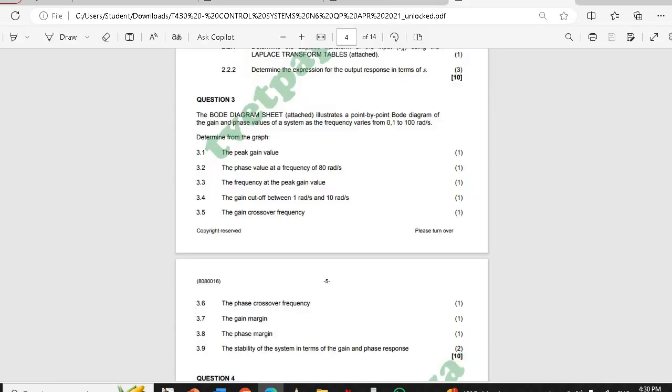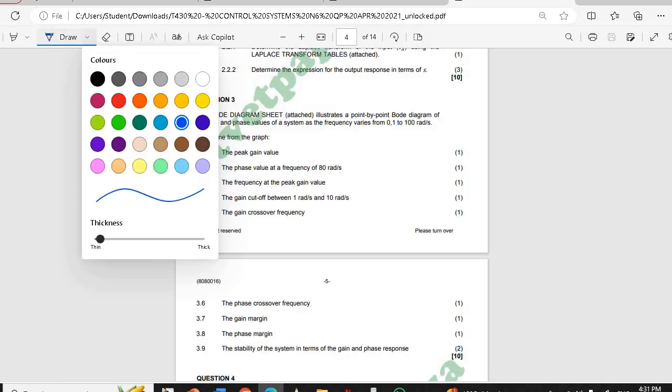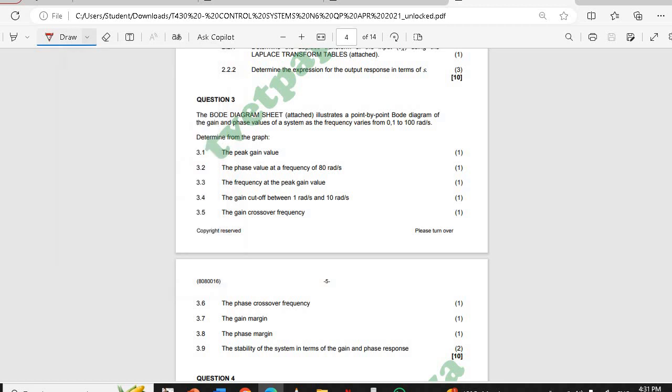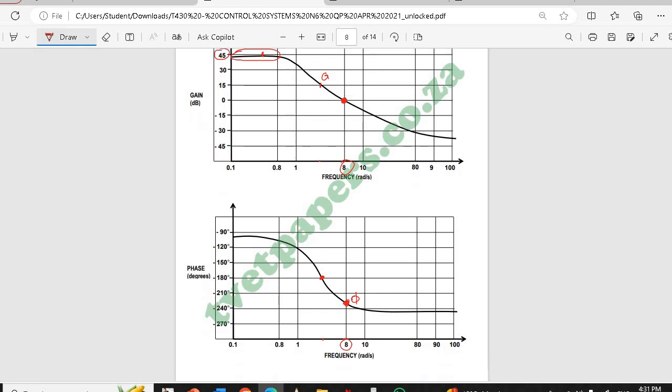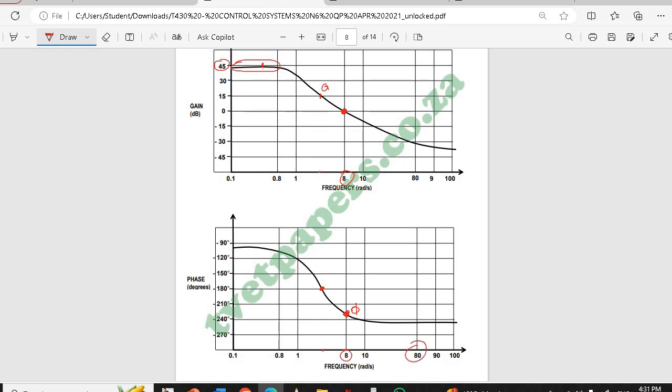So our gain value there is 44 decibels. Now the phase value at frequency of 80. So now we go to the phase diagram, we check frequency of 80 here. What is the phase value there? We can see from 240 to 270 is divided into 3, or into 2, we have 250 and 260.